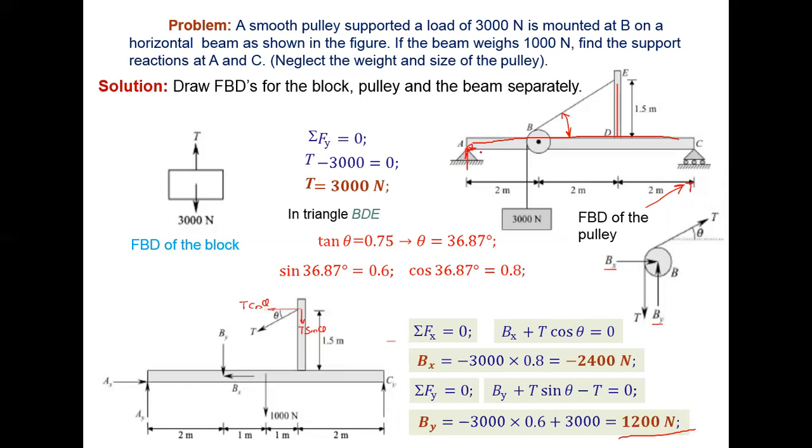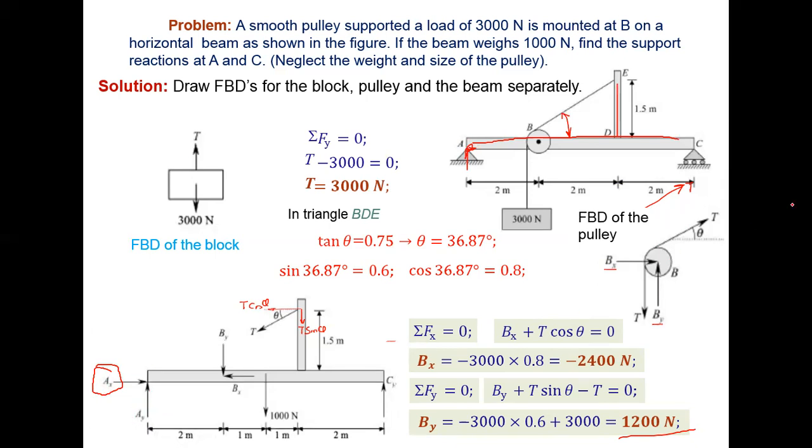So what type of reactions do we get for a hinge support? We get a horizontal reaction and a vertical reaction. It is a usual notation that if the joint name is A, we name the horizontal reaction as AX and the vertical reaction as AY.